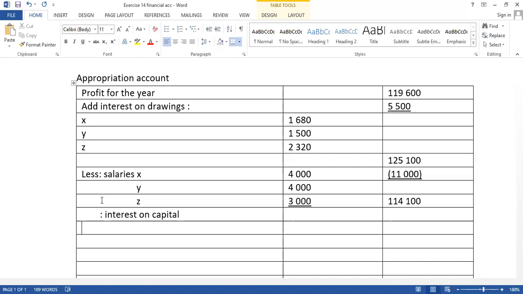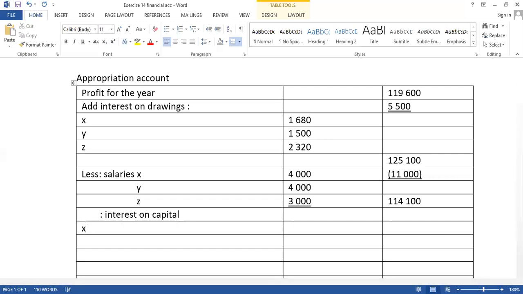Okay. So we are told that the bonus should be considered after all the interest and salaries have been taken into account. Currently we have interest on drawings and the salaries, so we are left with interest on capital. Interest on capital is also paid by the business. The business is paying interest to the owners of the business for providing capital.